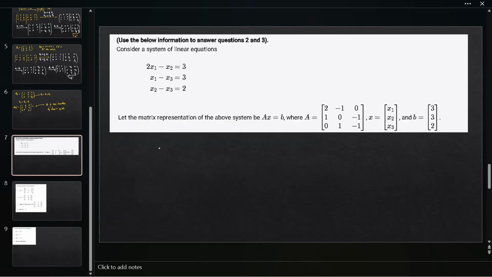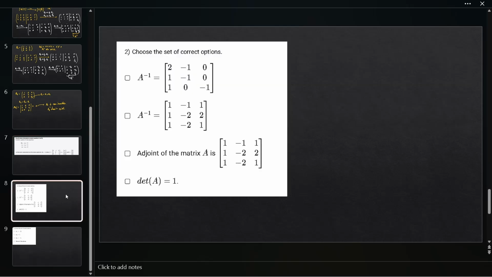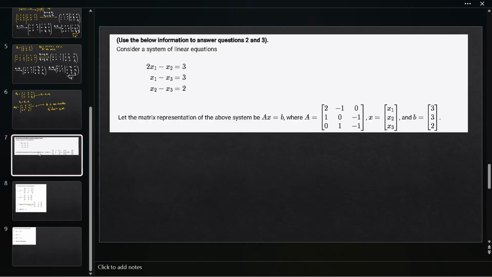Question number 2 and question number 3 use common data where we are given a system, and in question number 2 we have to find the value of A inverse and also the adjoint of the matrix A. So what is the adjoint of a matrix? The adjoint of the matrix is basically the transpose of the cofactor matrix.